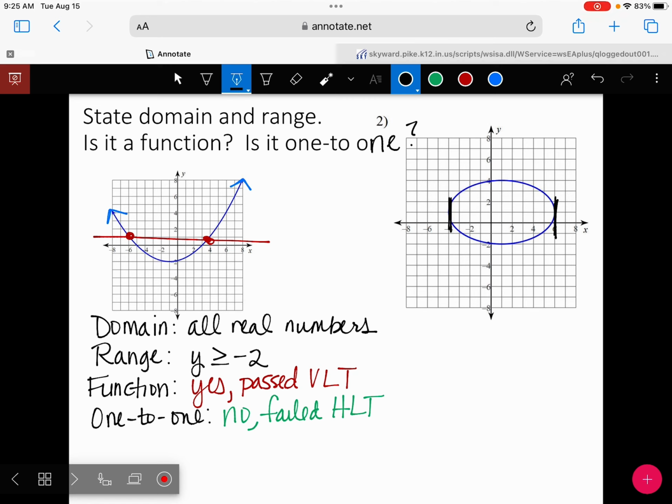So my domain would be -4 is less than or equal to x, which is less than or equal to 6. Because this circle goes to -4 on the x-axis to +6 on the x-axis.